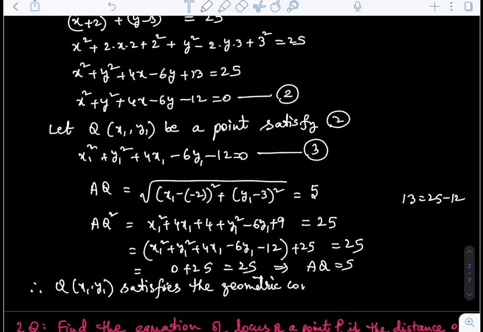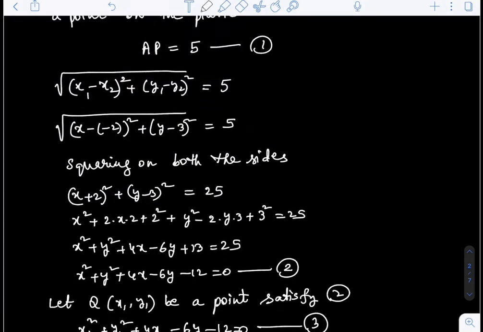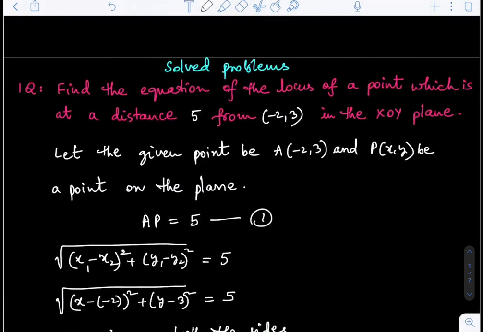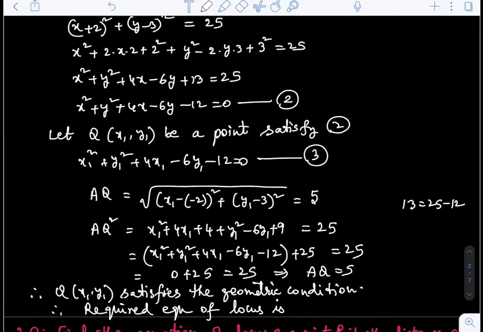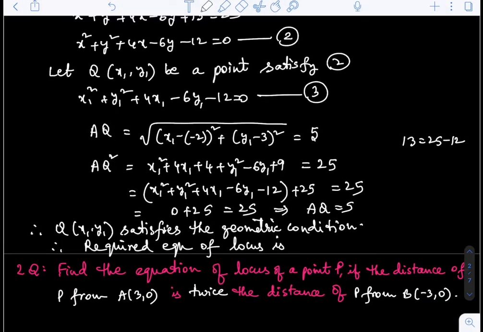What is the geometric condition? Equation 1, that is our geometric condition in the question. So it is satisfying this. Required equation of locus is equation 2, that is x square plus y square plus 4x minus 6y minus 12 is equal to 0. This is the required equation of locus.